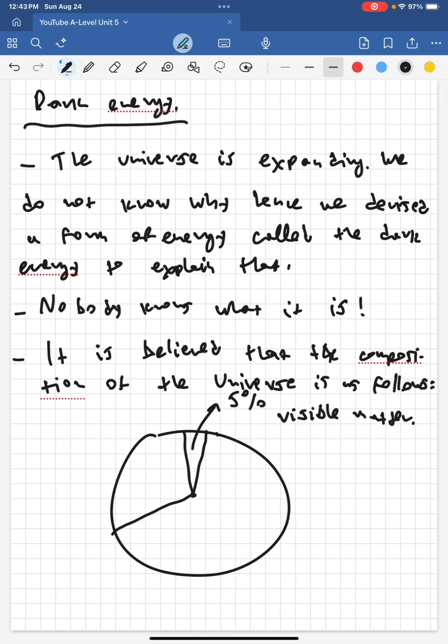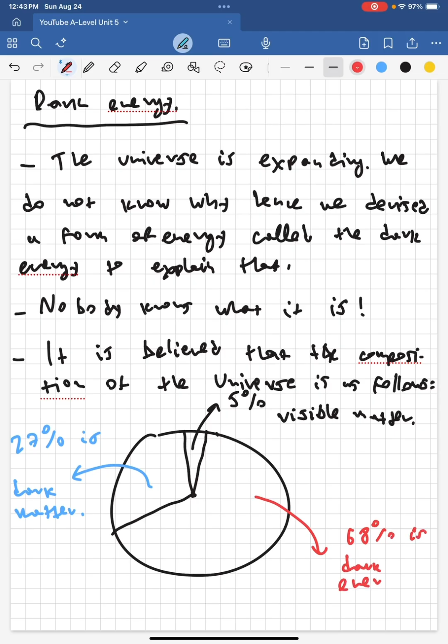Then let's use blue. 27% is dark matter. And then whatever is left, 68% is dark energy. Okay, which is crazy, but this is the current accepted idea.